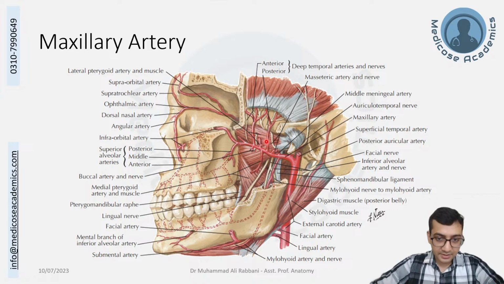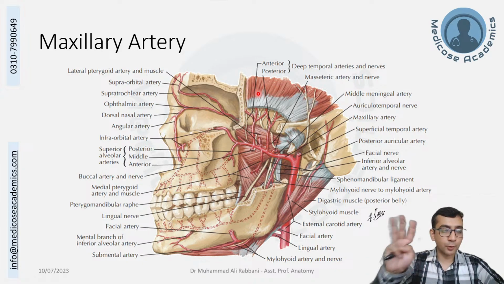So let's apply these muscles. The artery supplying the lateral pterygoid, the artery supplying the medial pterygoid right here. Simple. And the two arteries supplying the temporalis muscle go through that opening to the temporal fossa to supply the temporalis muscle.